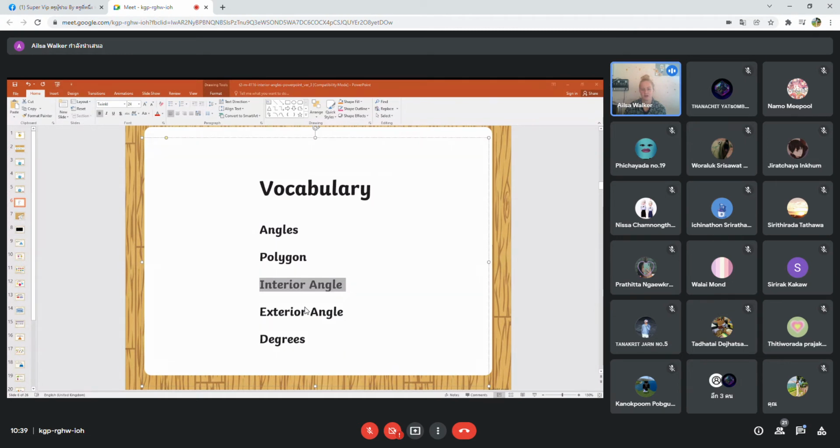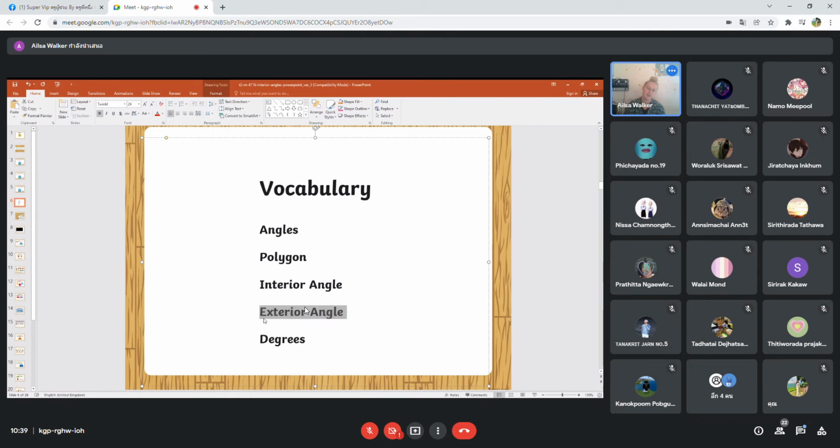Interior angle. Can you try saying that? Interior angle. Good. Interior angle is an angle that is inside a shape. We're going to look at this today.